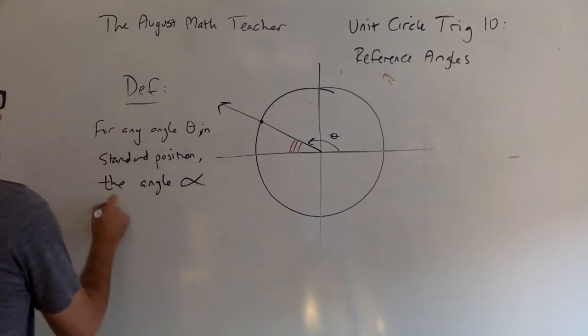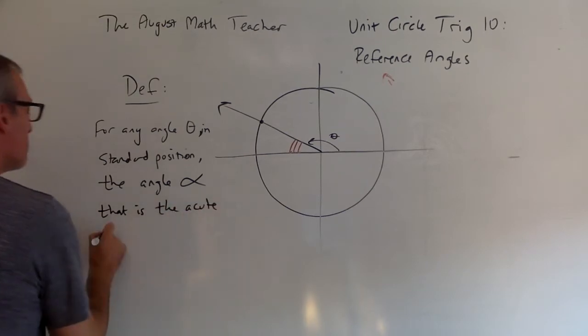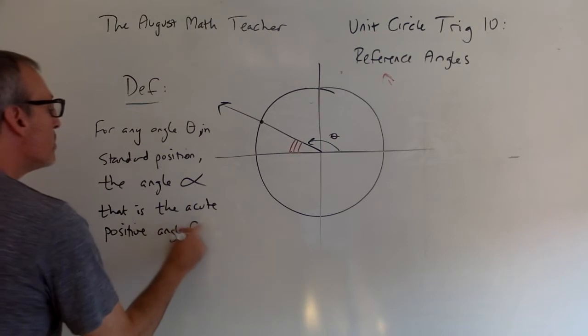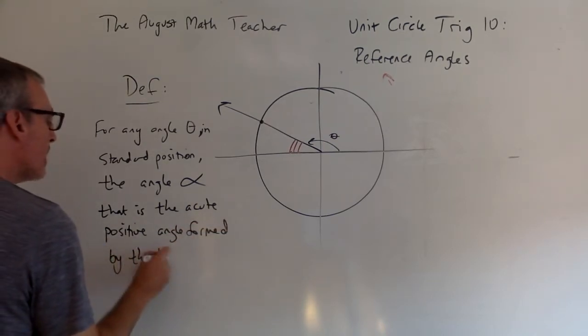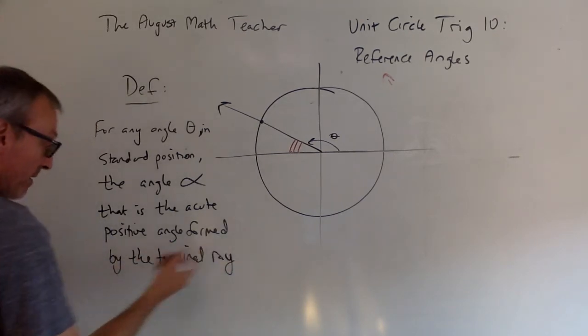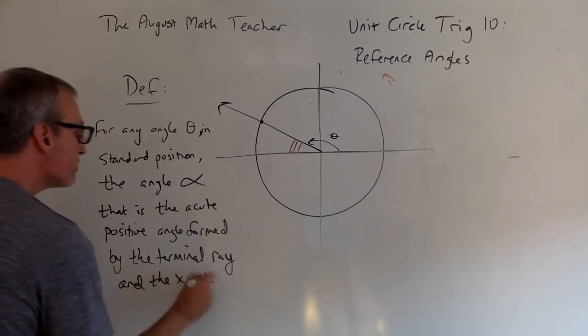that is the acute positive angle formed by the terminal ray of theta and the x-axis.